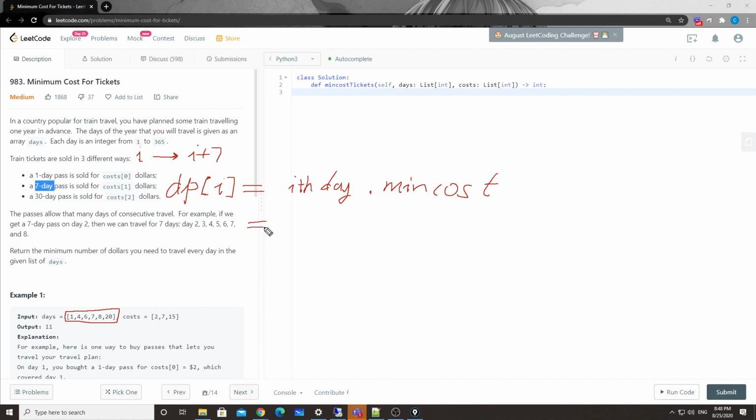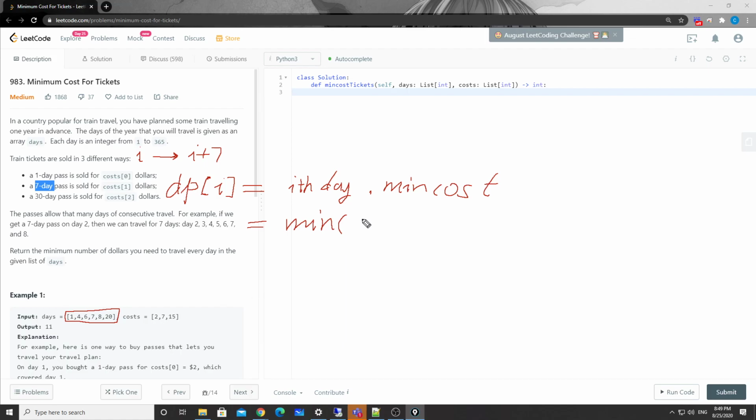I think it's not that hard to find this one. Basically, how many ways can we get to the current dp[i]? We have three ways. We can come from the daily pass, the weekly pass, or the monthly pass.